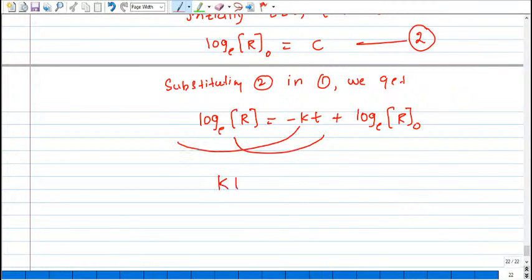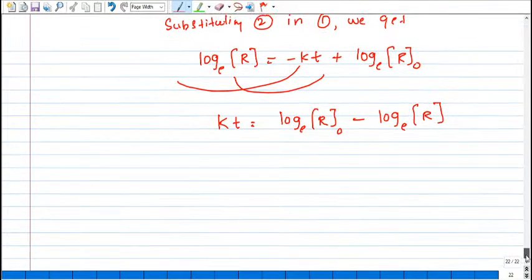So we get Kt is equal to log base e R naught minus log base e R. You know the formula for log A minus log B. It is log A by B.